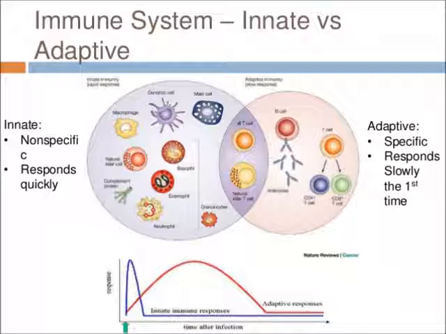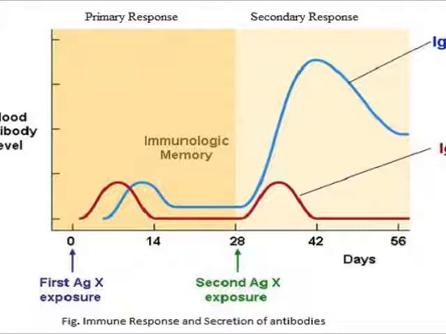So the primary immune response occurs when an antigen comes into contact with the immune system for the first time, thus the primary response. It's during this initial contact that the immune system learns to recognize the antigen and how to make the antibody against it, and produces those memory lymphocytes.